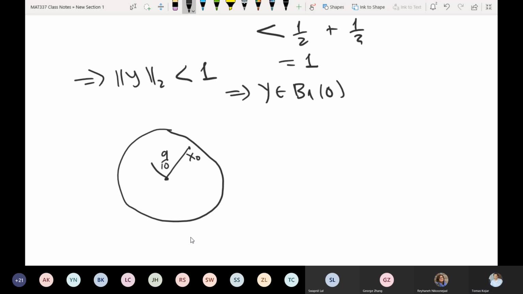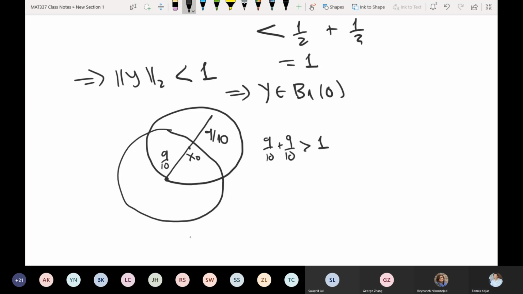Then the ball will go outside, because 9/10 plus 9/10 is bigger than 1. Is that okay, Raghuram? As for the subscript 2, we explained it before, but I'll write it in the notes more clearly why we put subscript 2.